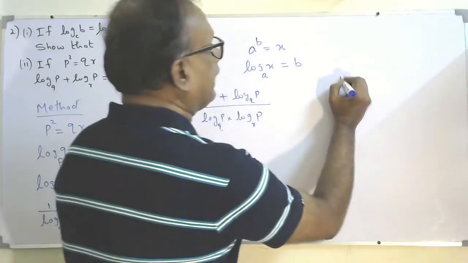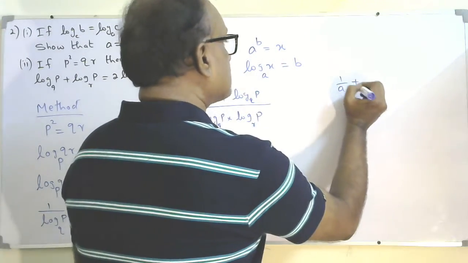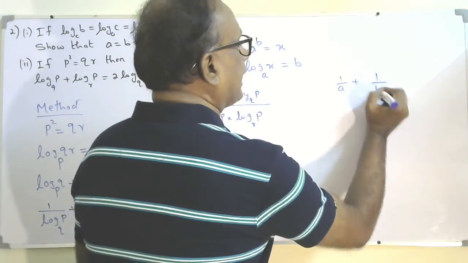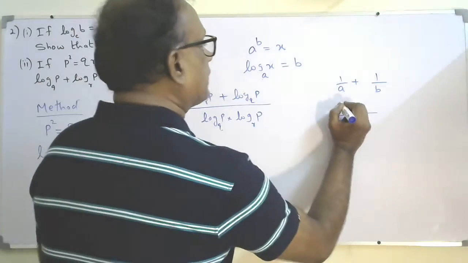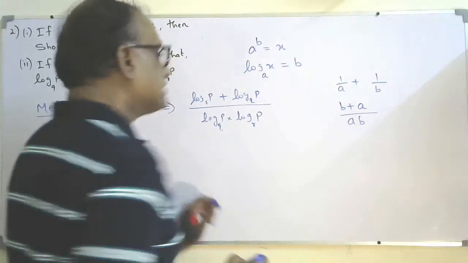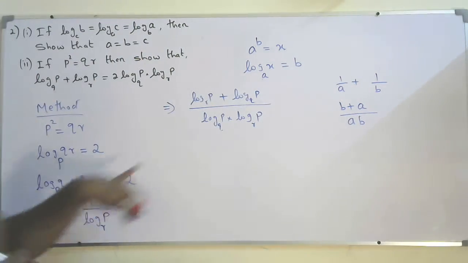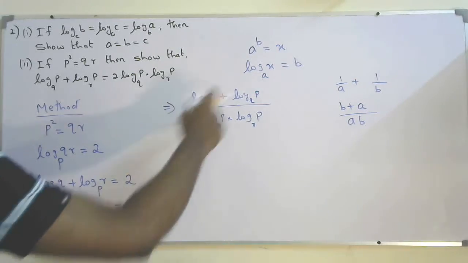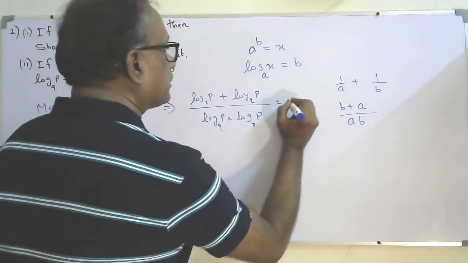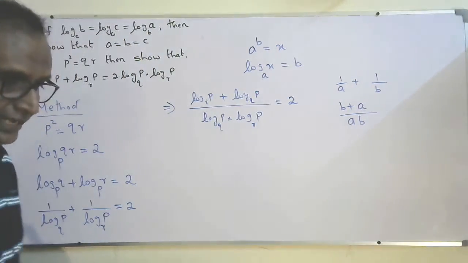Something like 1 over A plus 1 over B, I can take AB as the LCM, and that will be B plus A. So the same thing I did here: log Q of P times log R of P, so log R of P plus log Q of P equal to 2.